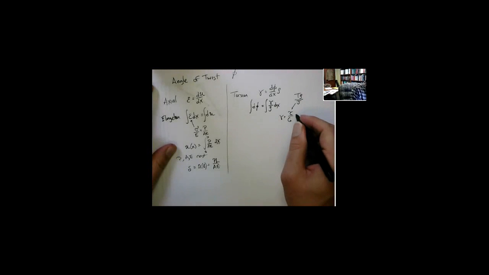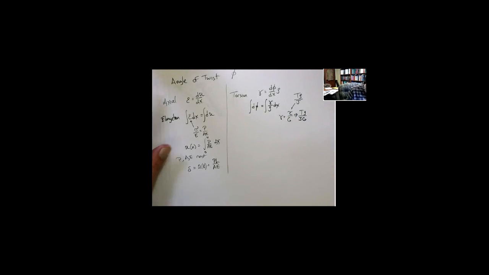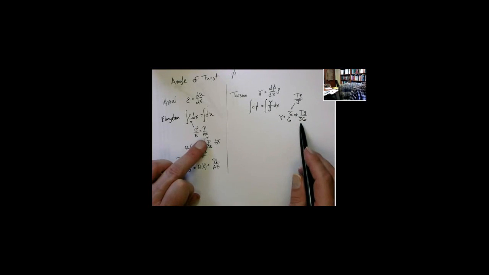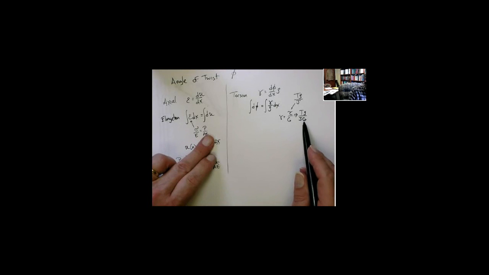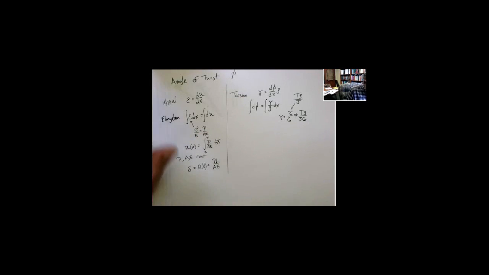So this now becomes T rho over J G. And you can see it's pretty analogous. The area corresponds to J. Young's modulus corresponds to the modulus of rigidity or shear modulus. The internal reaction force is P for axial, and that corresponds to the internal reaction torque, T, for torsion, and we have this additional rho.